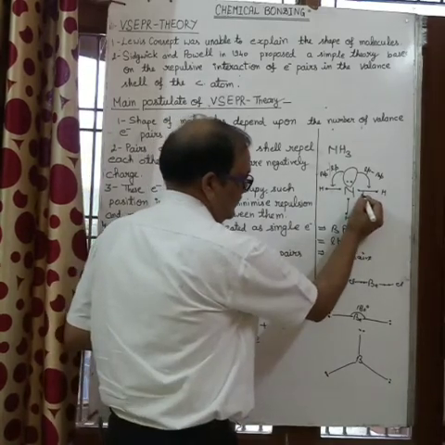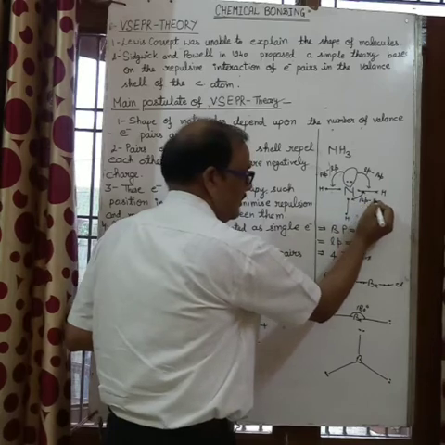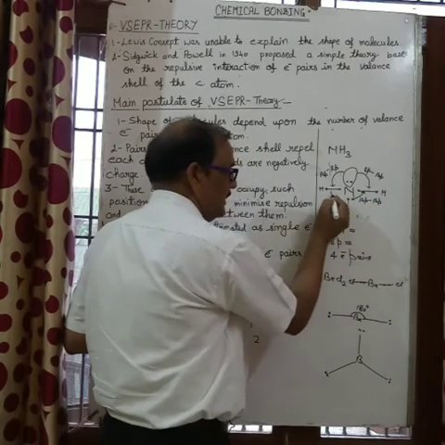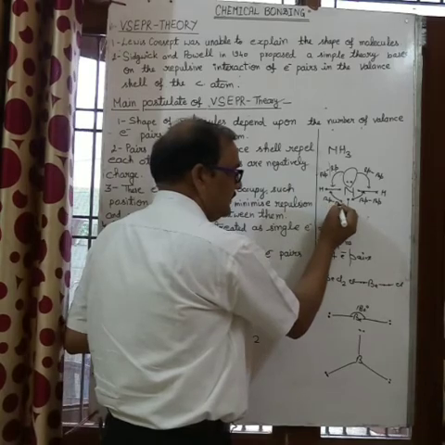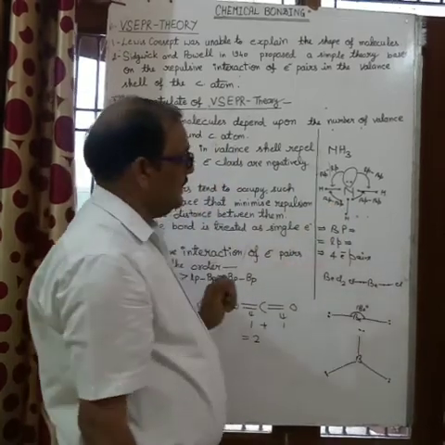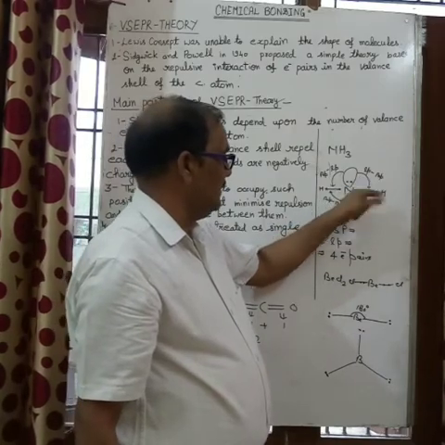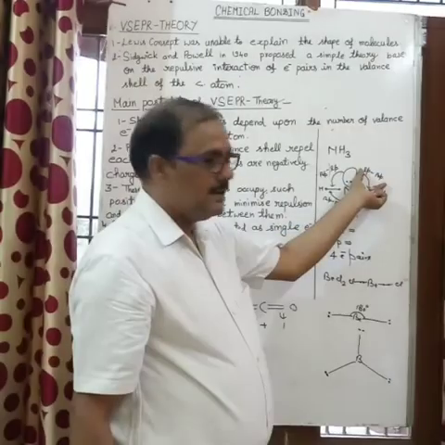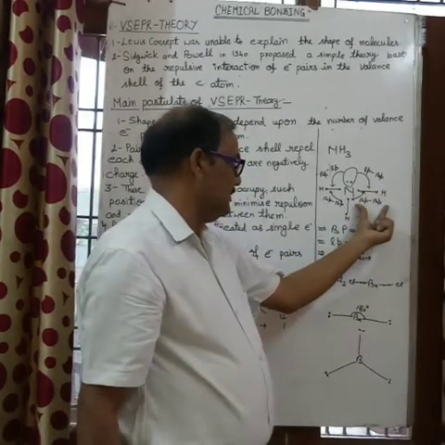But here, there is a bond pair-bond pair repulsion, and here also bond pair-bond pair repulsion. It means in the case of NH3, if the repulsion is between a lone pair and a bond pair, it is lone pair-bond pair repulsion. If there is a repulsion between bond pairs, it is known as bond pair-bond pair repulsion.